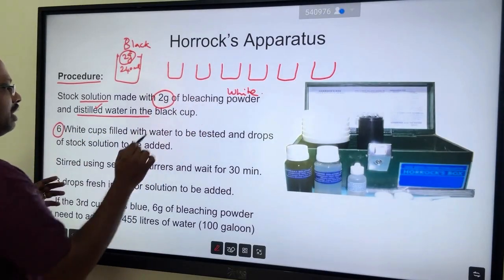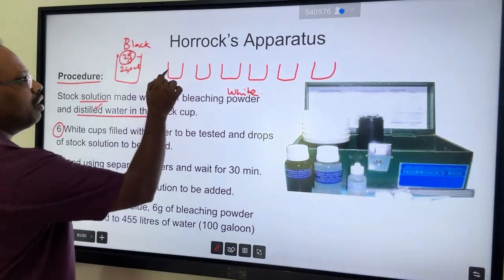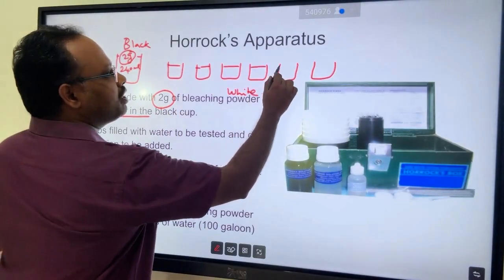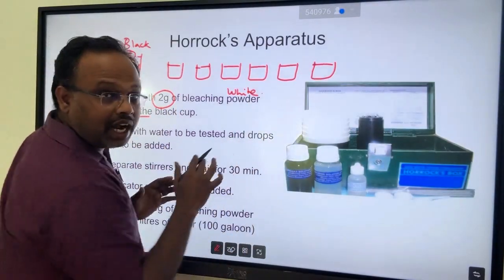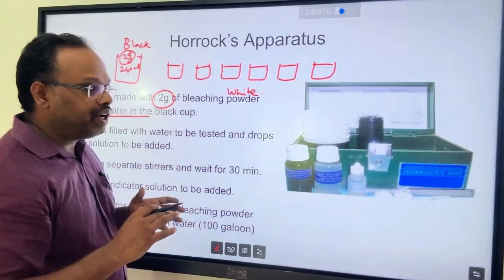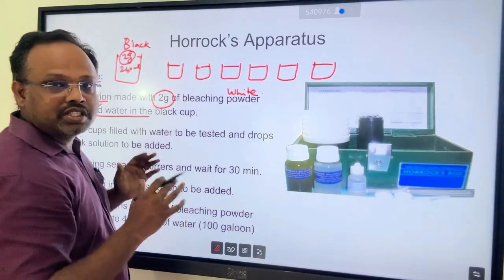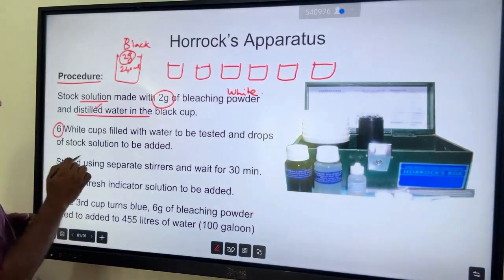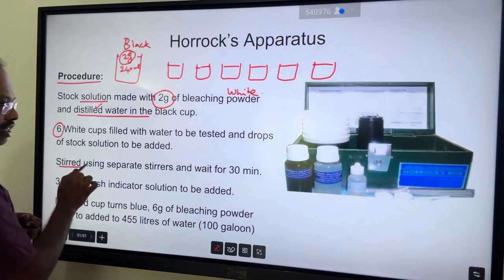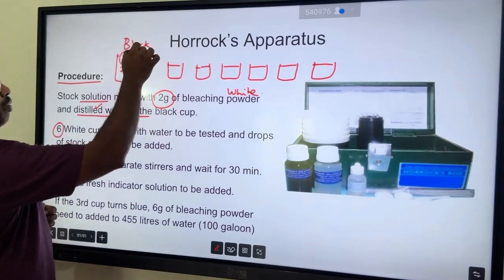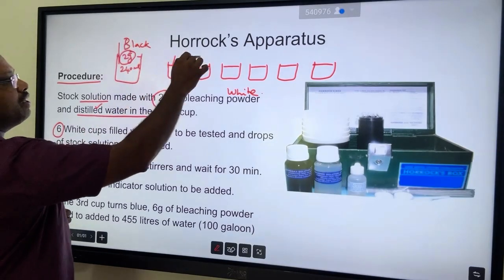After doing this, we take the 6 white cups and fill them with water. Remember, this is the water which we need to test, so this is not distilled water. Here we have added distilled water, and we need to use separate stirrers. As we told, we have 7 separate stirrers, so we put all the 7 stirrers here.